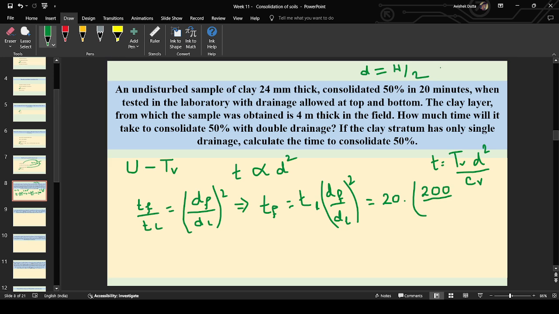For single drainage, d equals H. So 200 by 1.2 in centimeter. Now converting everything, approximately my answer I have got as 386 days.